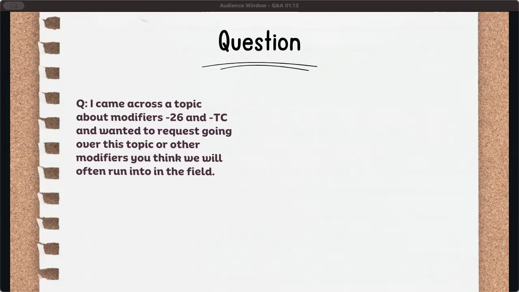So I wanted to take the rest of the time today to touch on the most common modifiers. I'm not going to go over every single modifier, but these are the most common modifiers that you will see. Again, this is not an all-inclusive list, so I do want to preface with that.